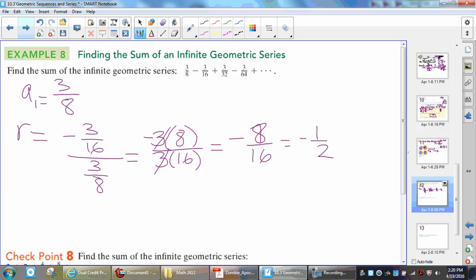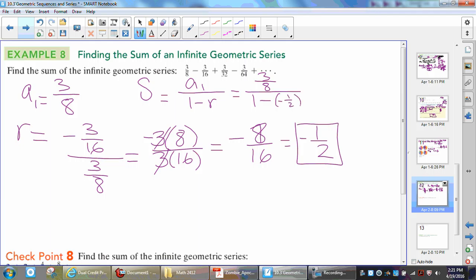Now, if we apply that to the formula, it says that the sum will be a sub 1, the first term, over 1 minus r. So a sub 1 is 3 over 8 over 1 minus the common ratio, which happens to be negative 1/2. So if you put a negative 1/2 here, you're actually going to get 1 plus 1/2.